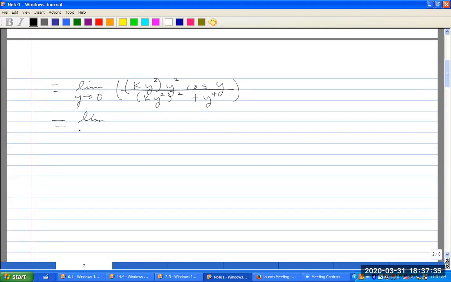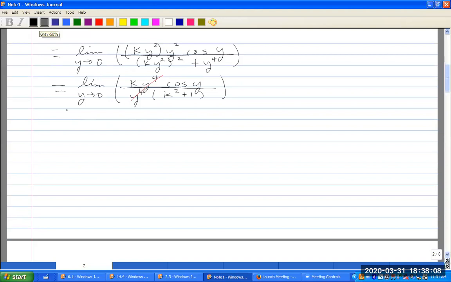So now this is a limit as y goes to 0. Let me write this as k y to the fourth cosine y over, factor out y to the fourth, so this is y to the fourth times k squared plus 1. So the y to the fourths cancel.